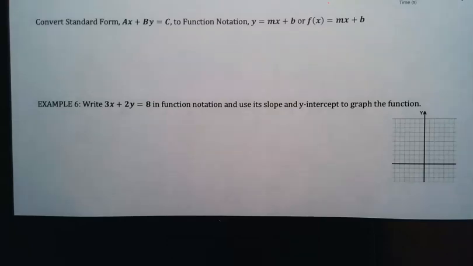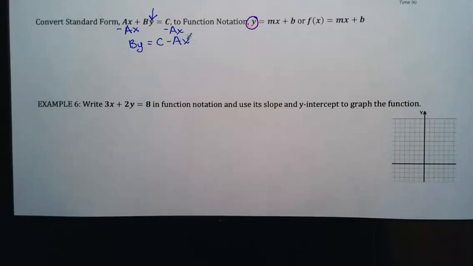All right, so all we're doing to get it in function notation is getting the y by itself. I'm going to change up colors here. So we're going to subtract ax from both sides, and we'll have by equals c minus ax.